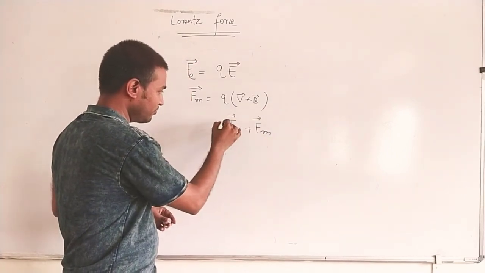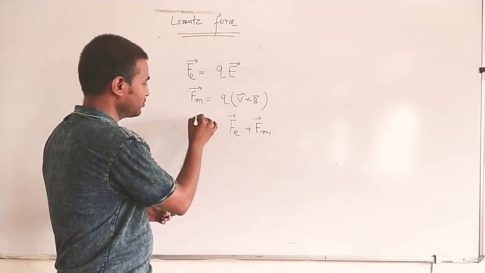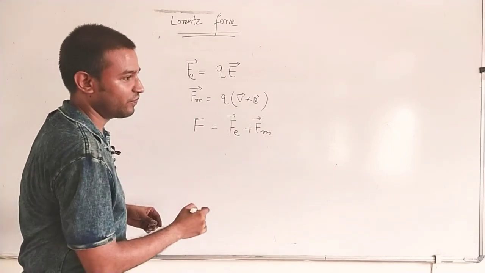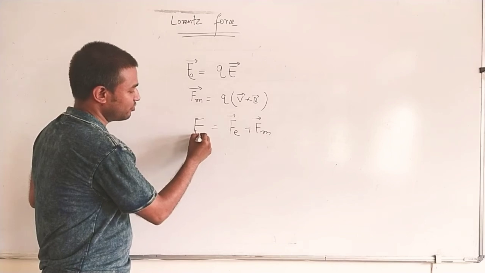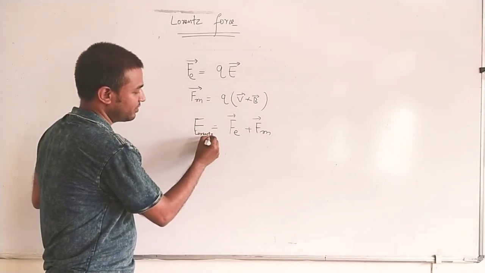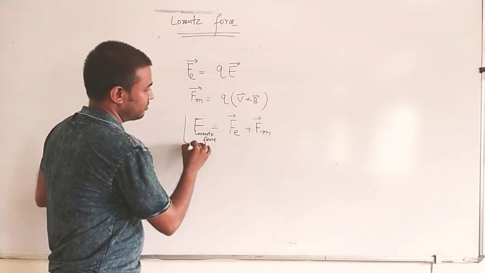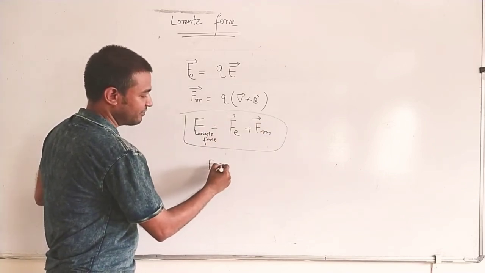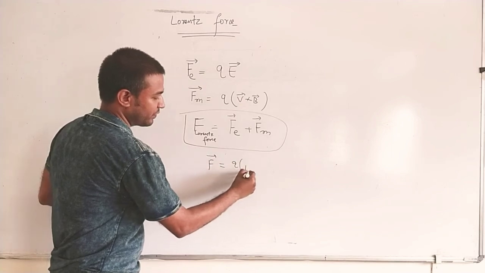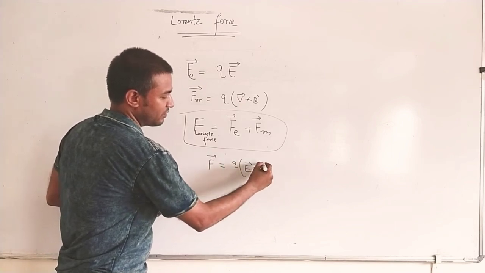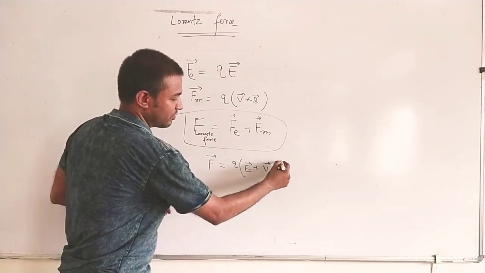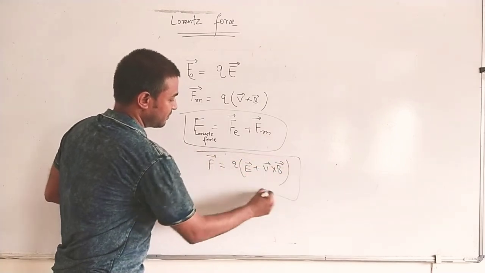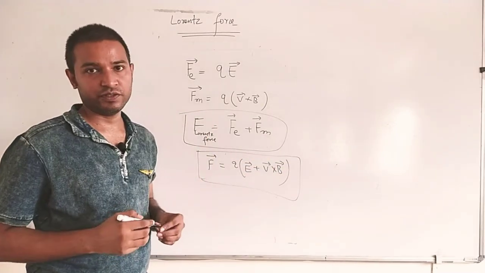The vector sum of these two forces, let us suppose F, is known as the Lorentz force. So the Lorentz force expression is F equals Q times E plus V cross B. So this is our expression for the Lorentz force.